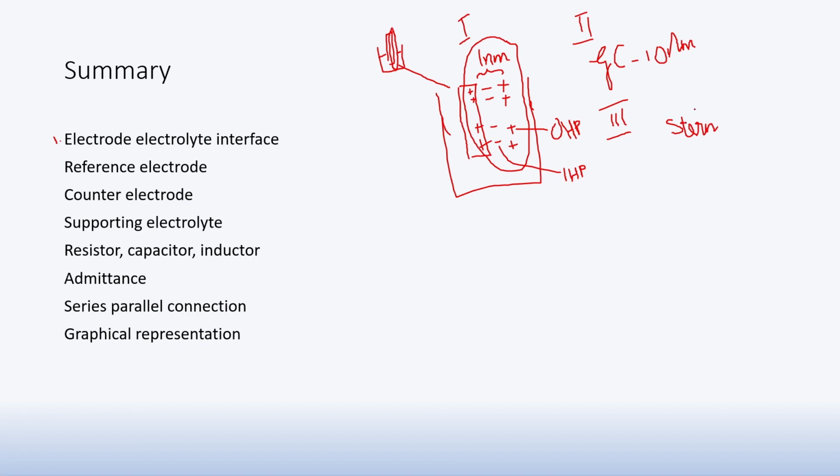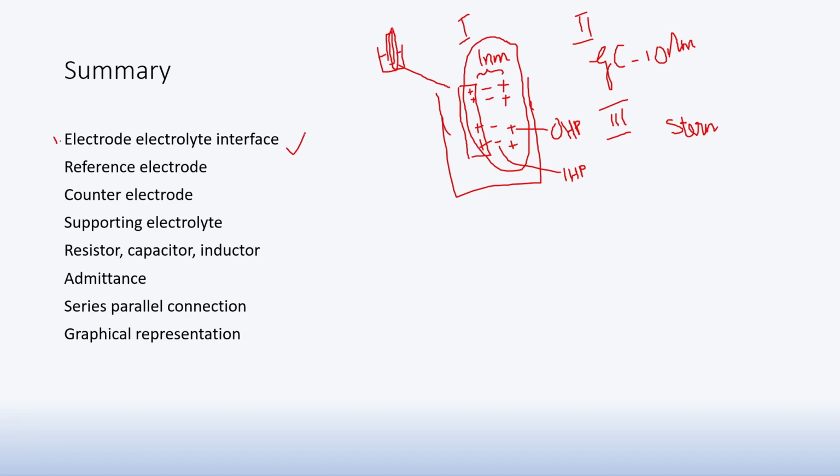So it is not at 1 nanometer or across the 10 nanometer. You have most of the charge separation happening across the 1 nanometer, but some will also be extended towards the 10 nanometer. So those are the three models that you saw in the electrode-electrolyte interface.